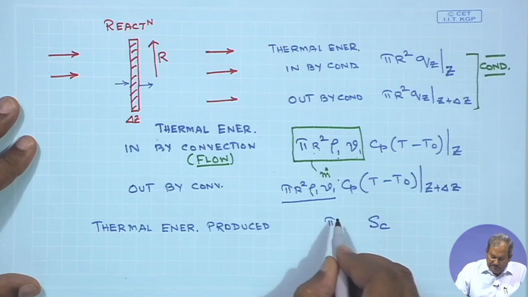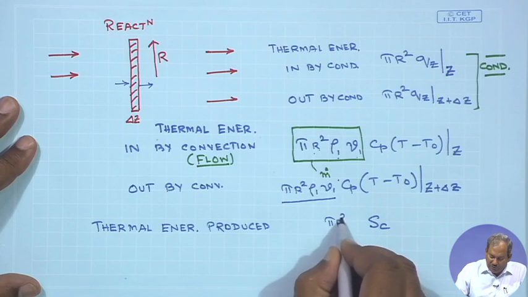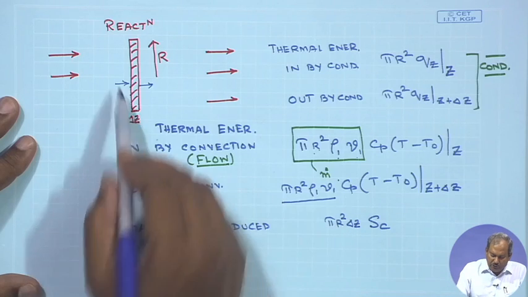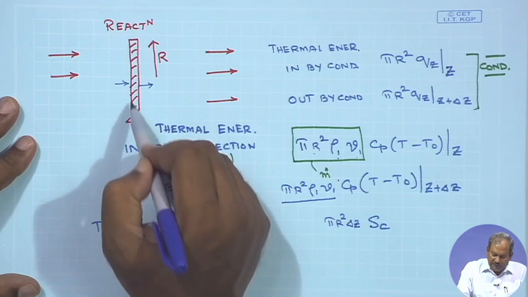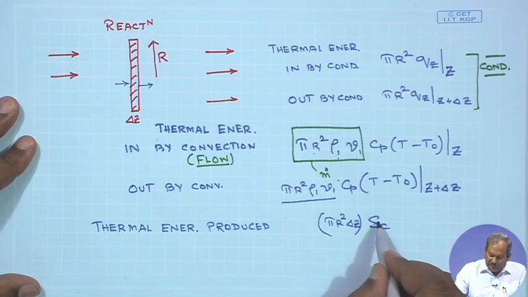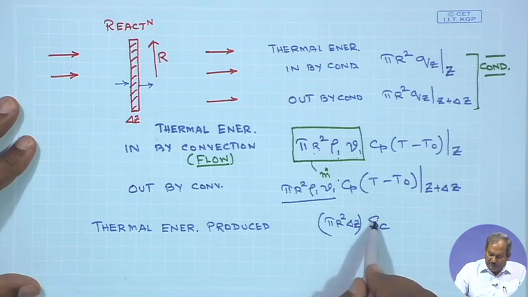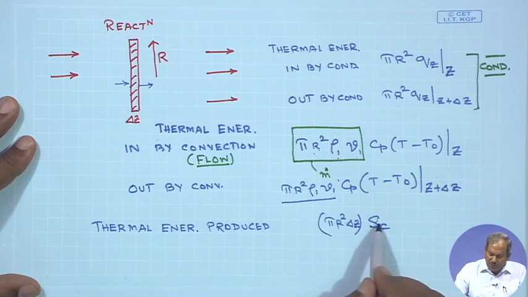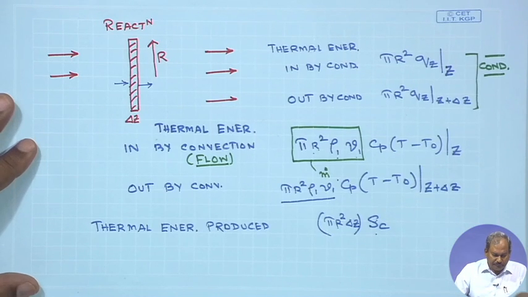So, I multiplied it with the volume of the control volume that we have chosen, the volume of this disk, which is pi r square times delta Z. So, this is the volume, this is the rate of heat generation per unit volume. When you multiply the rate of heat generation per unit volume with the volume of the system, what you get is simply the rate of generation.